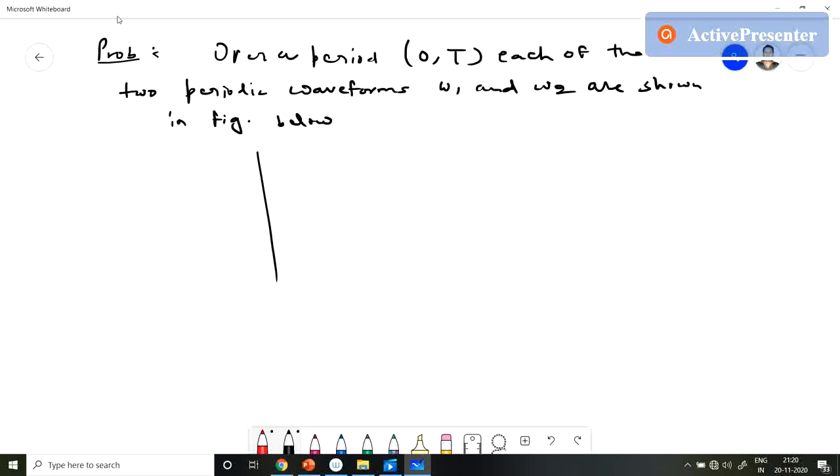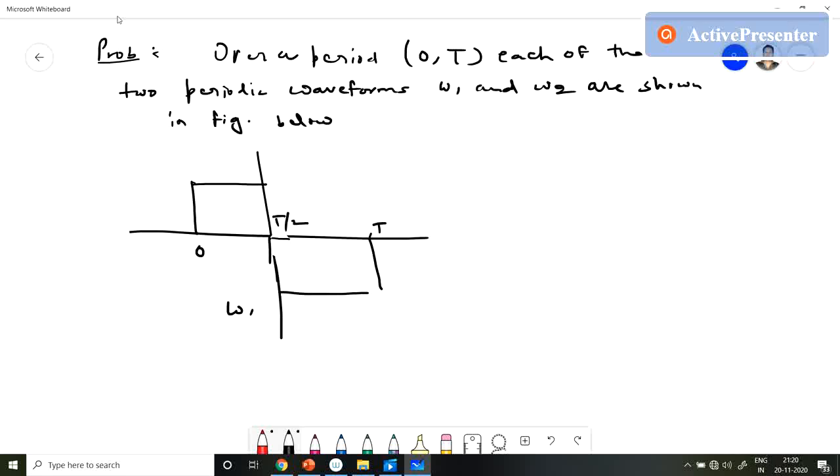We have W1, with 0, T by 2, and T on the axis, with levels 1.0 and minus 1.0.